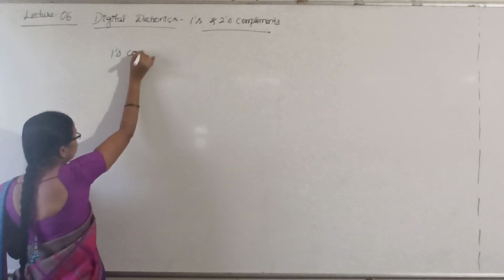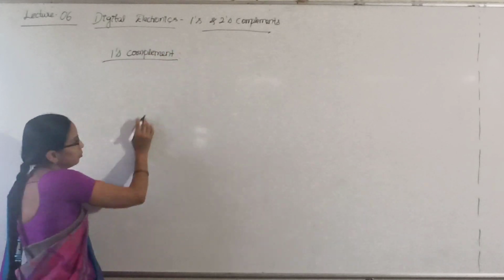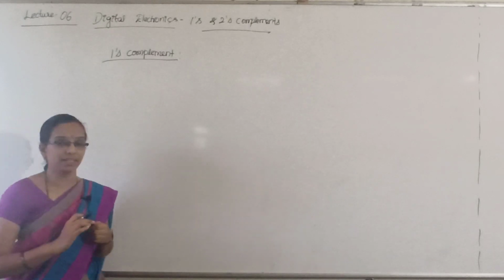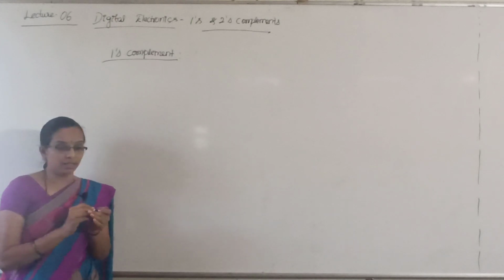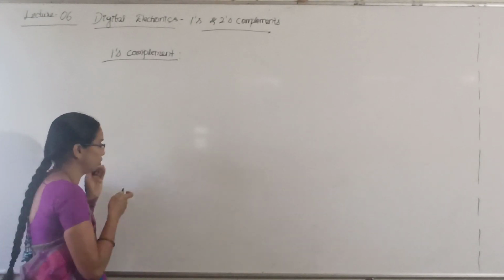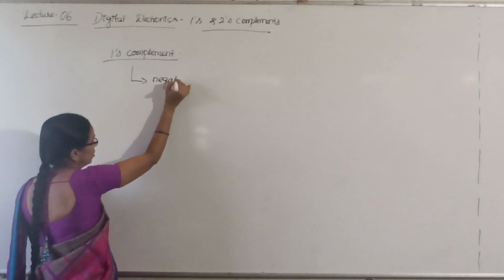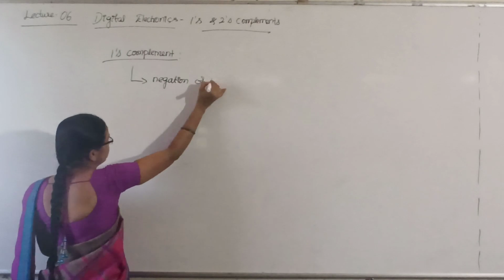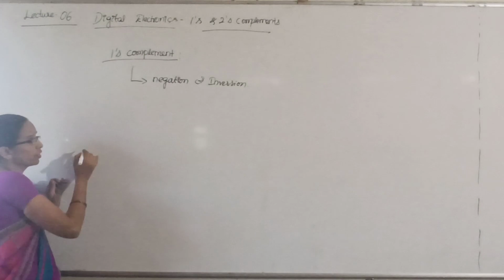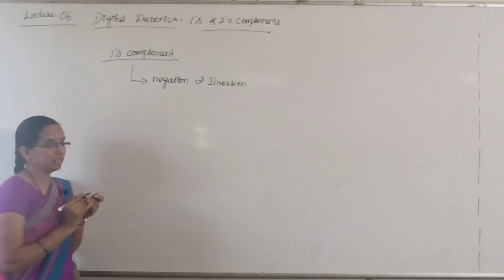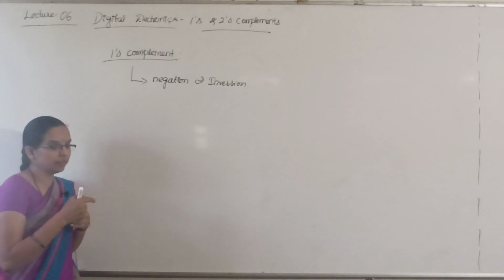1's complement. In the 1's complement method of representing signed numbers, complement in the sense means negation or inversion. The 1's complement of a number means all the zeros are replaced by 1s and 1s are replaced by zeros.